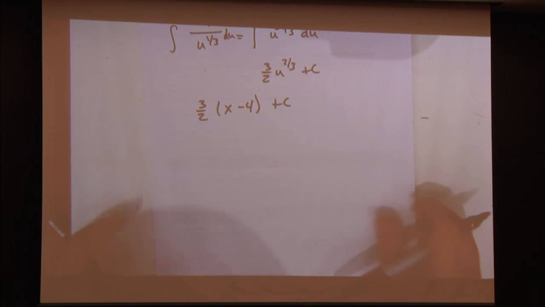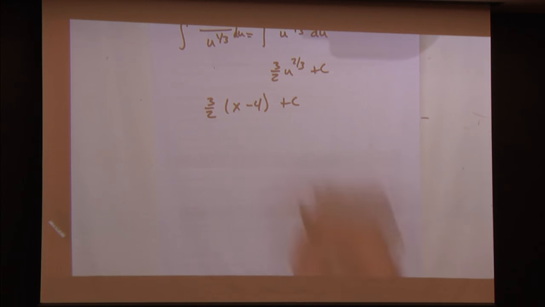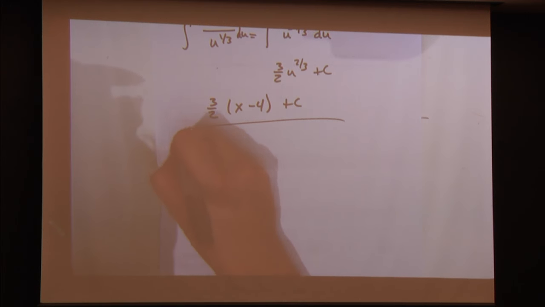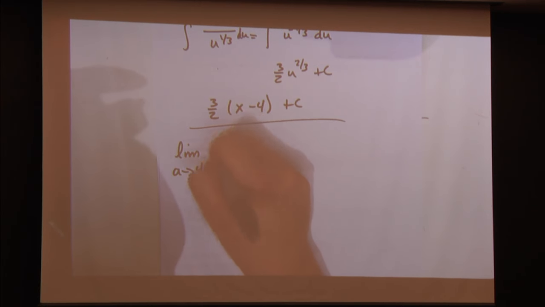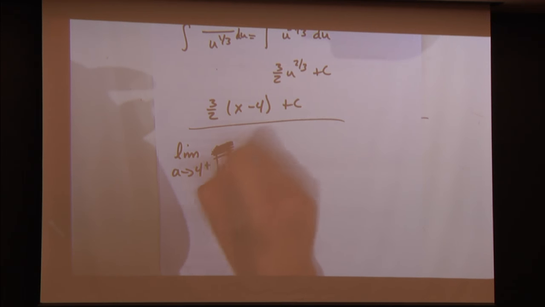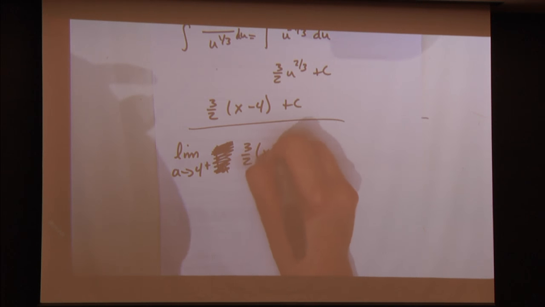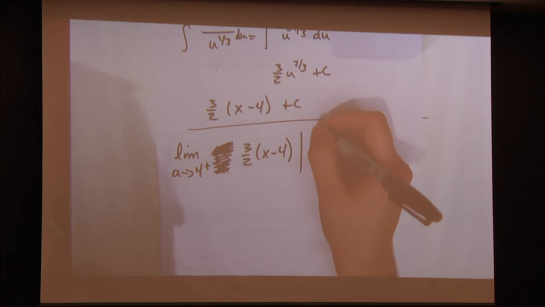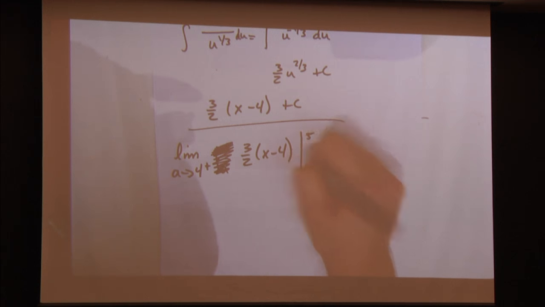And then we need to take the limit and plug it back in, right? So this is just our side work. We have the limit as a approaches 4 plus. But we took care of our integral, so actually it's just 3 to x minus 4 from to a.